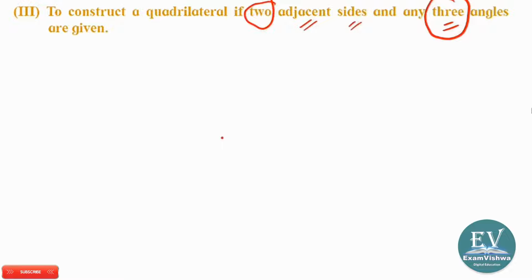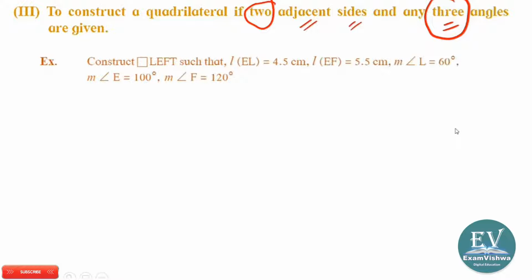You will be getting a sample construction now, to construct quadrilateral LEFT. So I have to draw a rough diagram and name that quadrilateral as LEFT. I am marking it according to the given name. Sometimes we will be forced to change or reconstruct it.